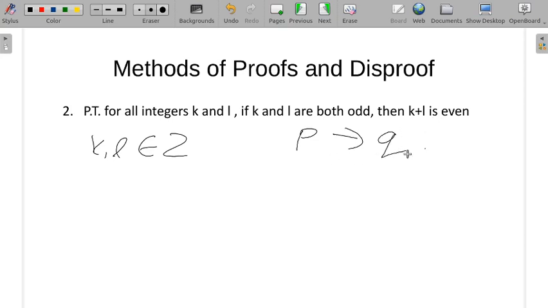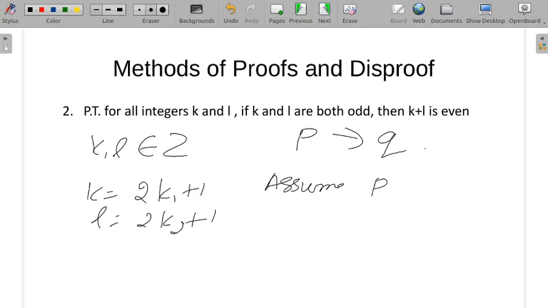So P conditional Q form. Assume that k and l are both odd. So k equal to 2k1 plus 1, l equal to 2k2 plus 1, where k1 and k2 are any integers. K and l represent odd numbers. Assume that P is true.